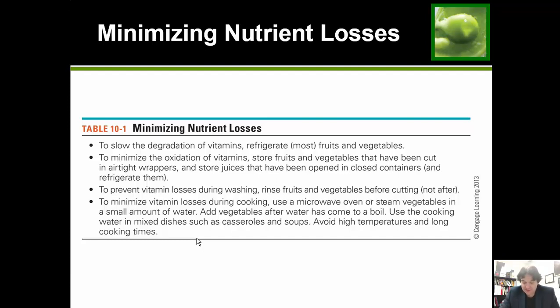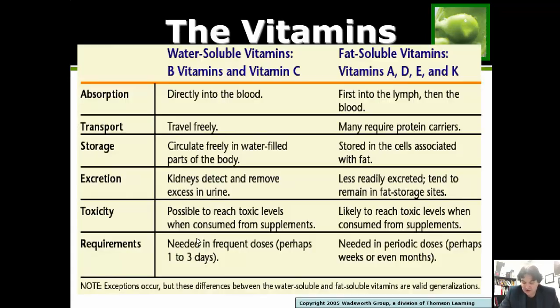When we store vitamins, you have to keep in mind, on solubility and storage, that water-soluble vitamins, which are B vitamins, vitamin C, also choline, circulate freely in the body and are excreted as urine. So what we're saying there is that they're not stored in the body for any longer than it takes to circulate through the bloodstream.